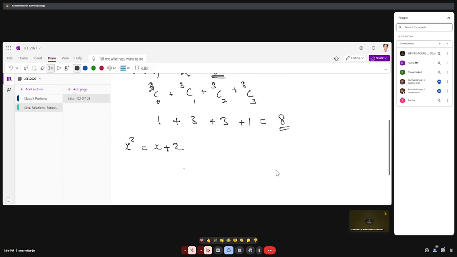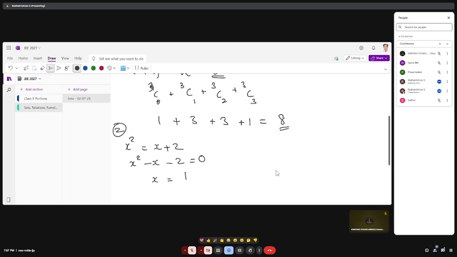This is problem number 2, right? X square minus x minus 2 equal to 0. Then x equal to, you can use that quadratic formula.